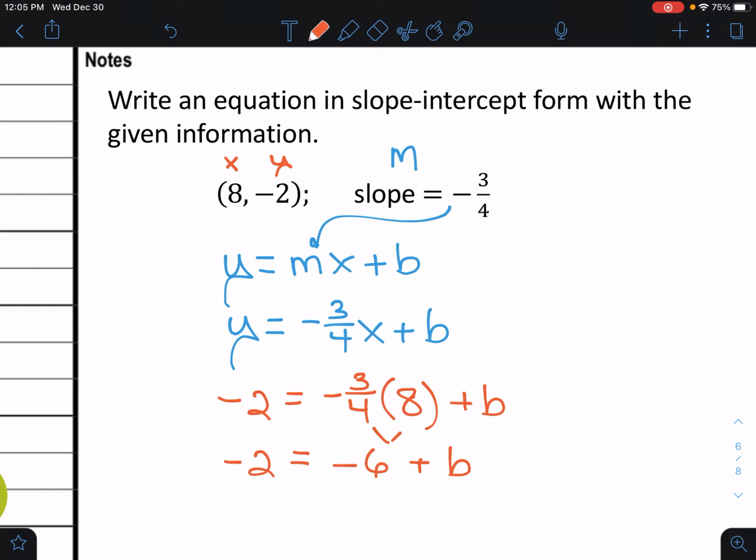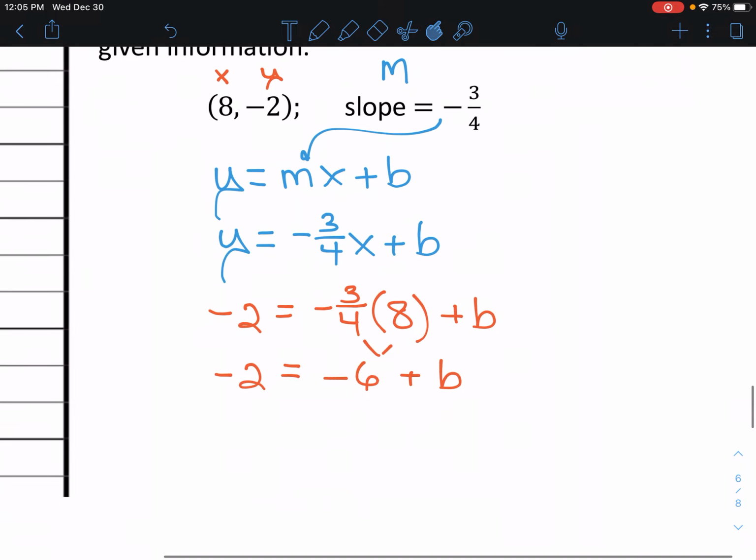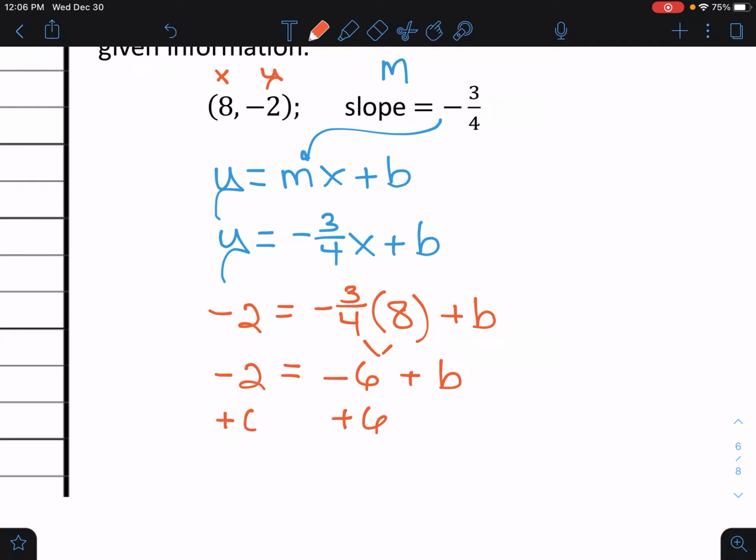All right, now once again, I need to solve for b. That means I need to get this by itself. So in order to get the b value by itself, I have to get rid of this. Okay, well, how do I get rid of a -6? I do the opposite. I'm going to add 6. If I add 6 here, I have to add 6 on the other side of the equation as well.